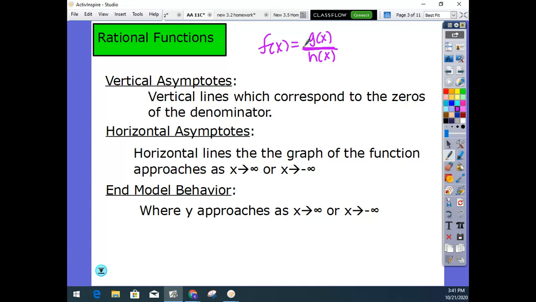So if there is a variable in the denominator, you can have a vertical asymptote. I'm also going to say you could also have a hole, so we have to be careful about that. But vertical lines correspond to the zeros of the denominator. So whatever makes the denominator 0, vertical asymptotes are x values that create zeros in the denominator.